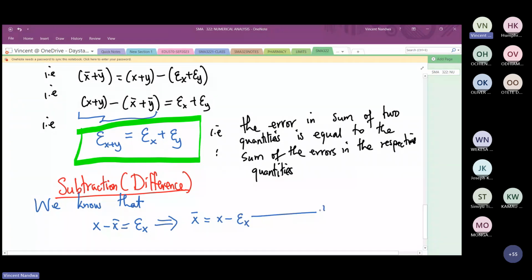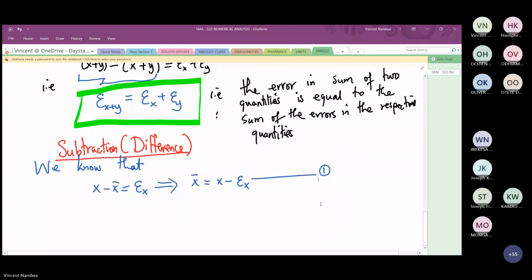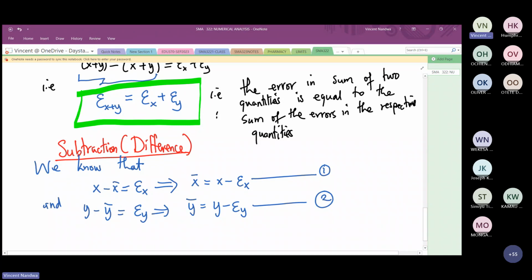I call this equation 1. And y minus bar y is the same as error in y, which means bar y alone is the same as y minus error in y. So we call this one equation 2. I think that statement of we know that makes sense at this level from the first case.